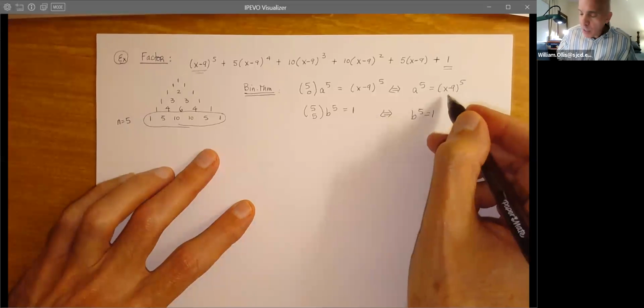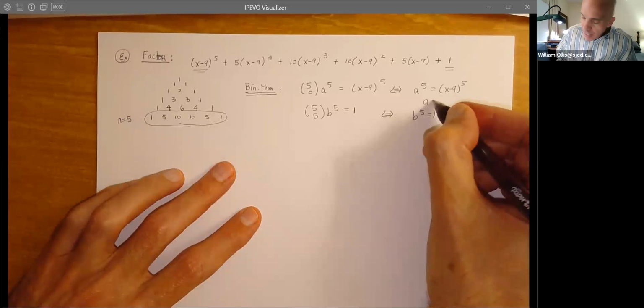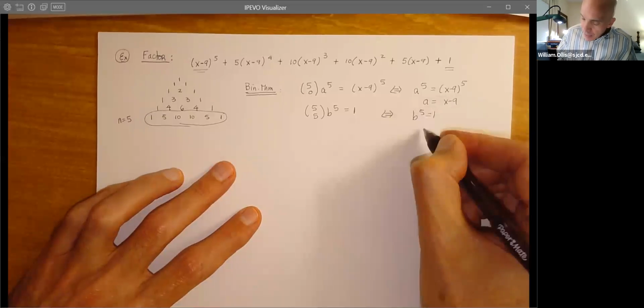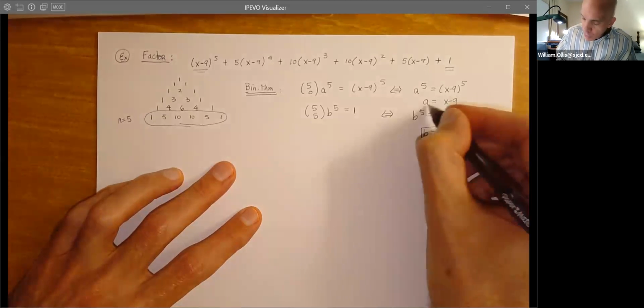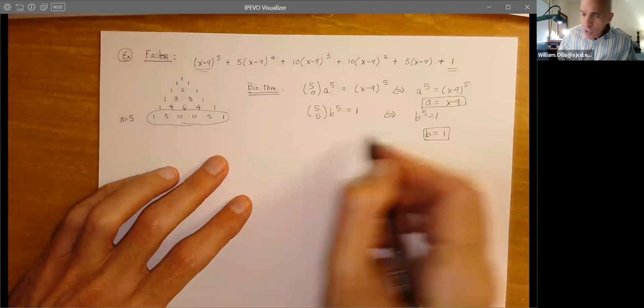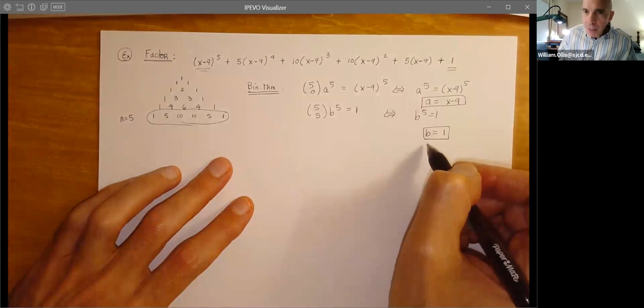Now, of course, we're not looking for roots of unity, but if we take 5th roots, this gives us a equals x minus 9, and this gives us b equals 1. We don't have an even nth root, so we don't get the plus or minus. So by comparing this to the binomial theorem, we have a candidate for a and b.